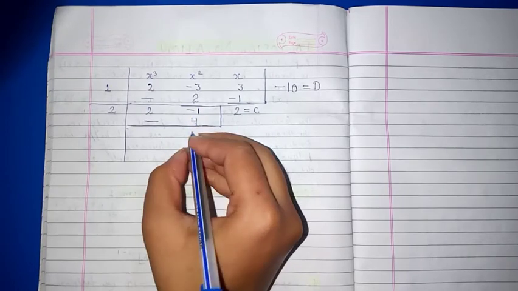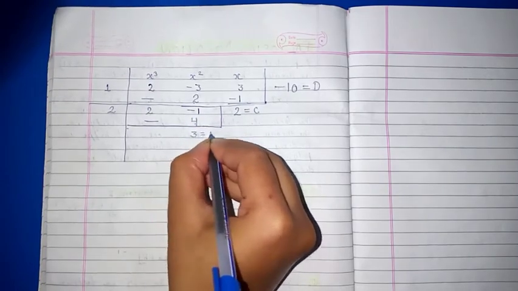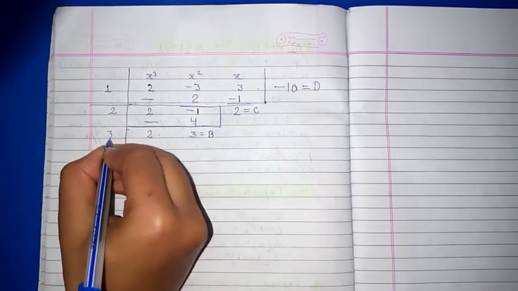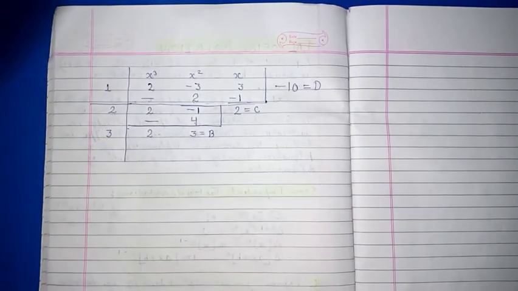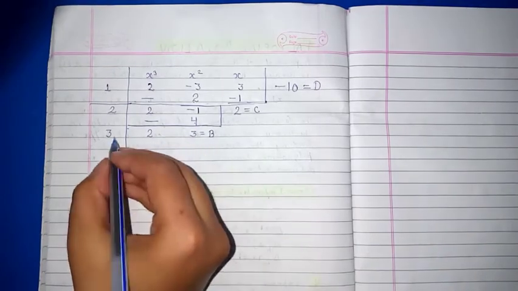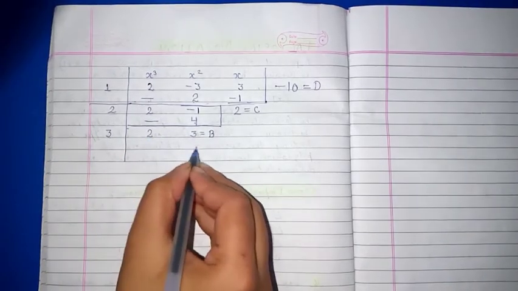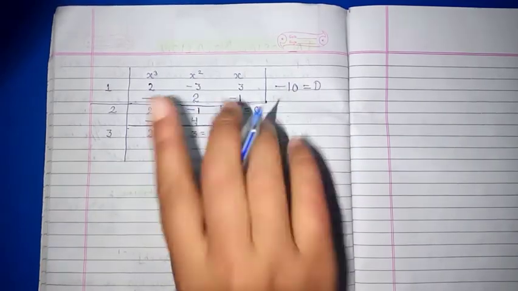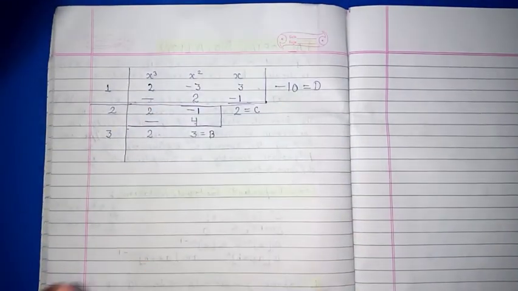Minus 1 plus 3 plus 4 will become 3, and this is known as our B, and here it is 2. Here nothing, so here we will write 3. Now if you do 3 into 2, there is nothing for subtraction, because this value is known as B. Now this value is the constant, you don't have to do anything.